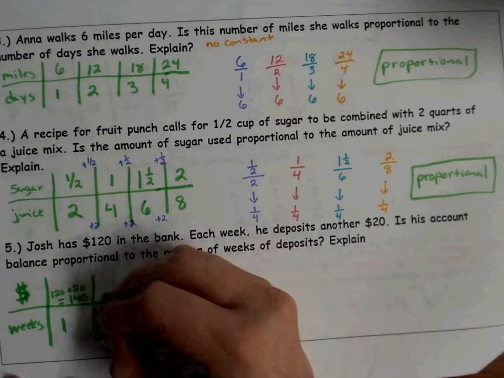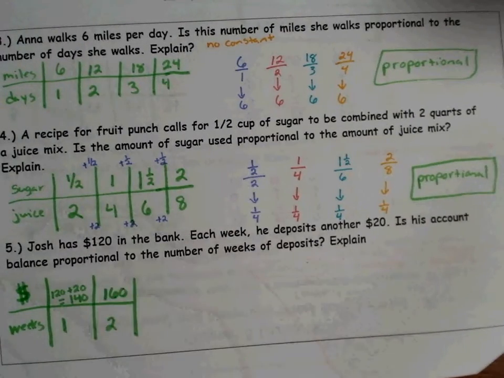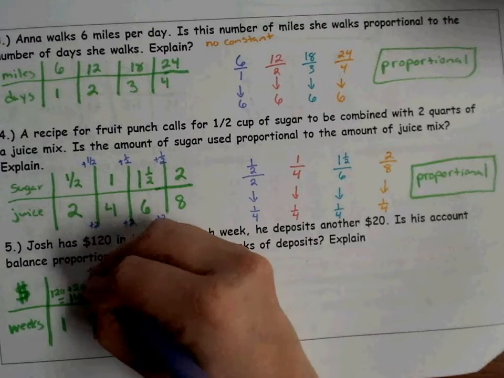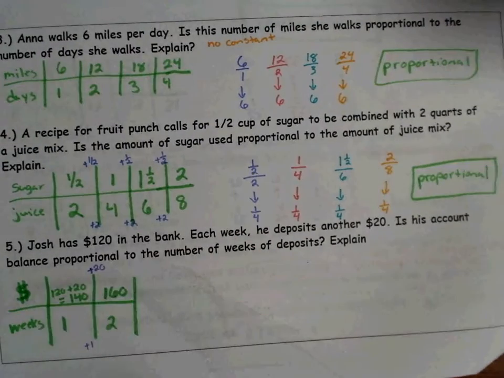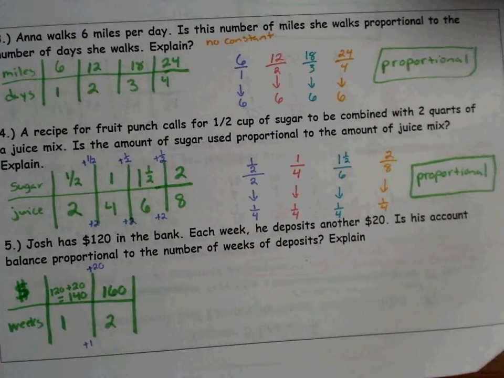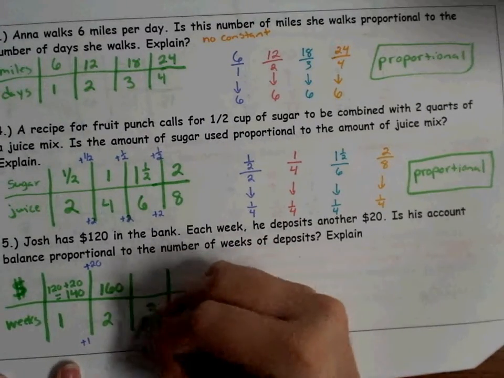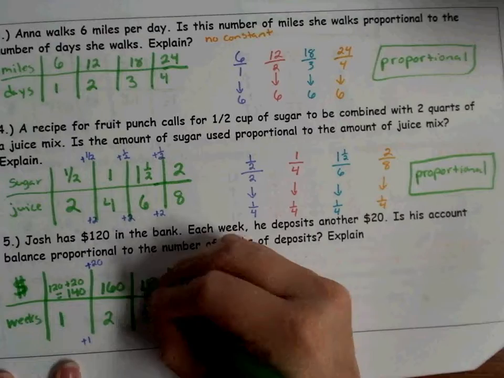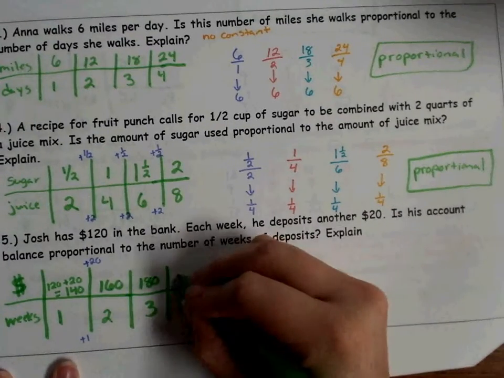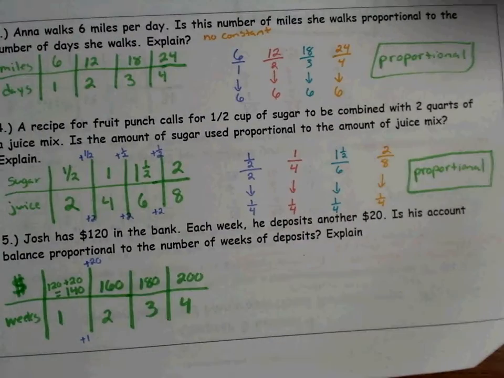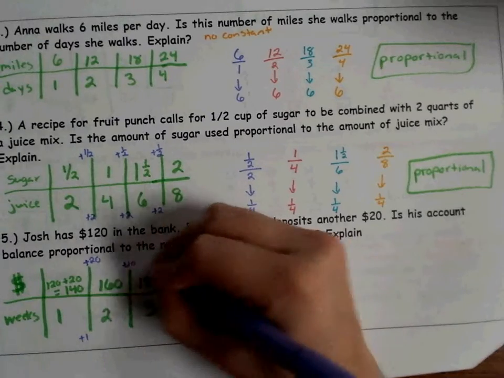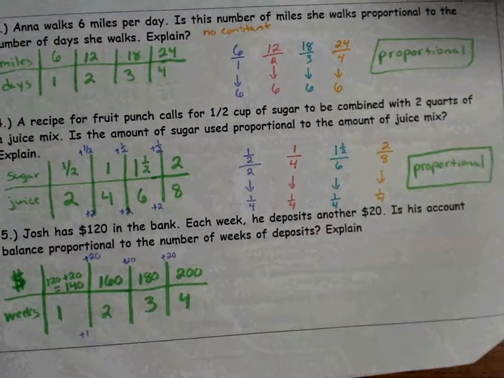$160, because he's only adding $20 into the account. Okay? He deposits $20. Every time we increase by 1 week, he's depositing $20 into the account. By week 3, 180. By week 4, 200. So you're increasing each week by $20.